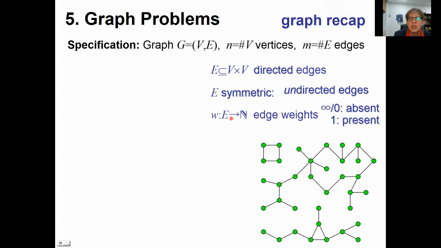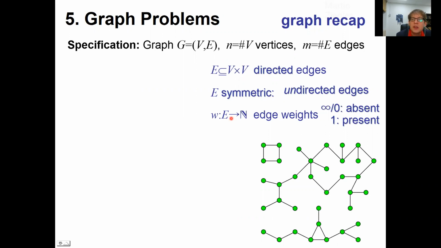So since the set of edges is always finite, any edge weight function will have a maximum value, and it makes no difference usually for graph problems if we say an edge has weight infinity or an edge has weight larger than all other finitely many edges.